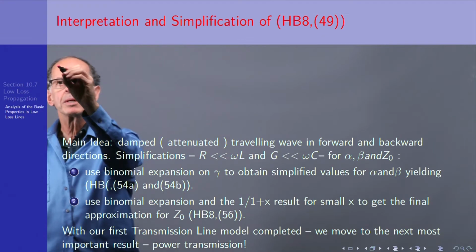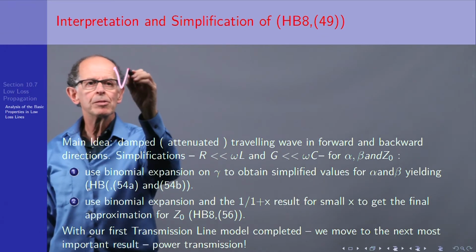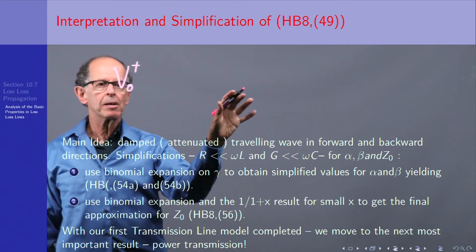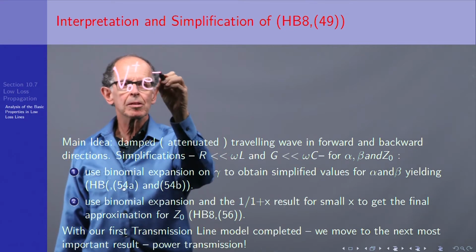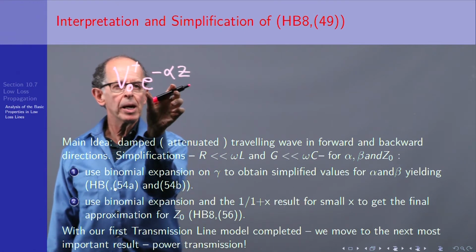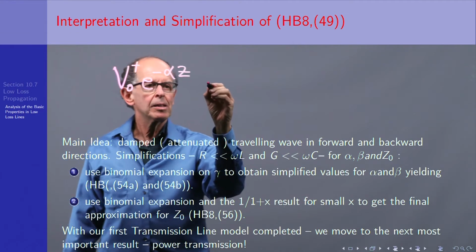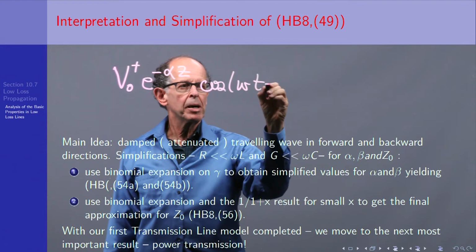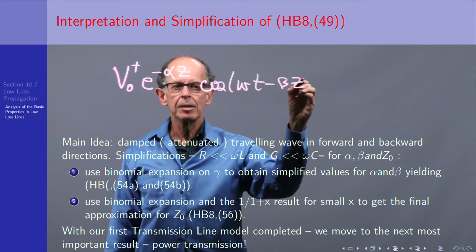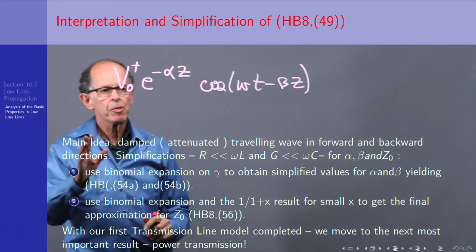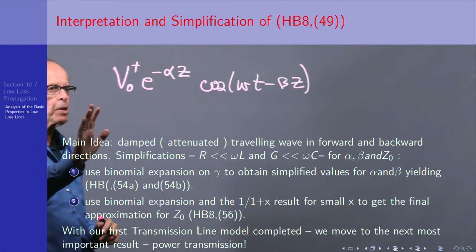The first term is term 1, V0 plus: amplitude of the forward traveling wave, e to the minus alpha z, attenuation as a function of z, and then cosine omega t minus beta z. So that's for the forward traveling wave.